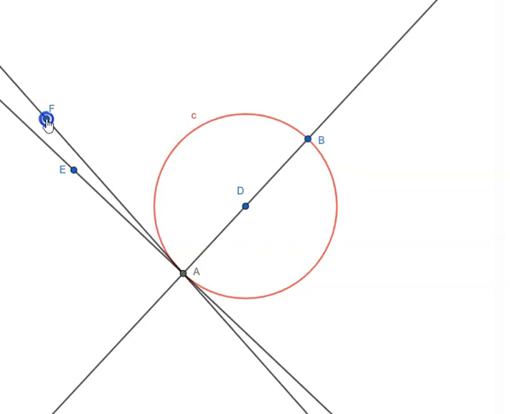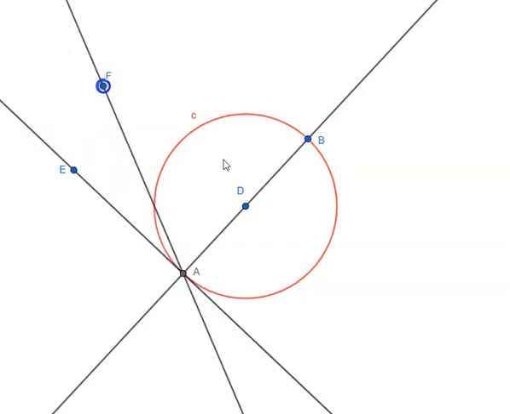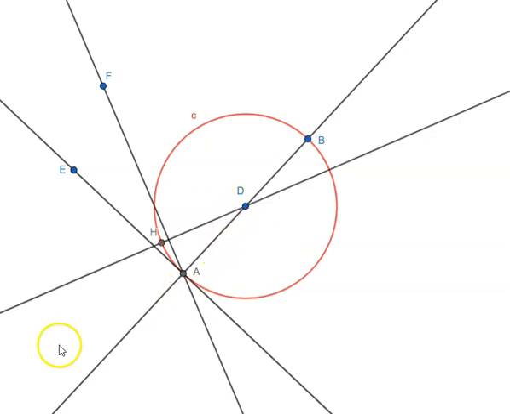We can keep it close, but because of the points I require here, it will become very difficult to read, so let's keep it here. Now we draw a perpendicular to AF from D, and we mark the intersection of the circle with this perpendicular as H, and the intersection of this perpendicular with AF as G.